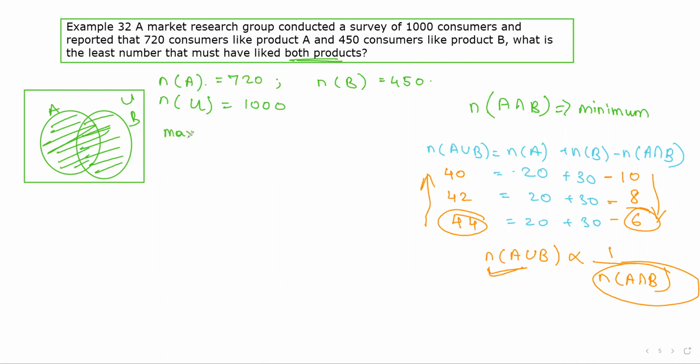So the maximum value of n of A union B will be equal to n of U, which is equal to 1000.